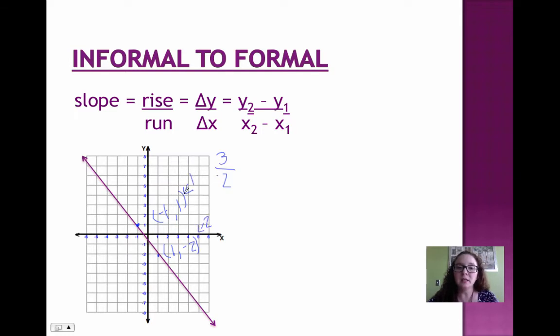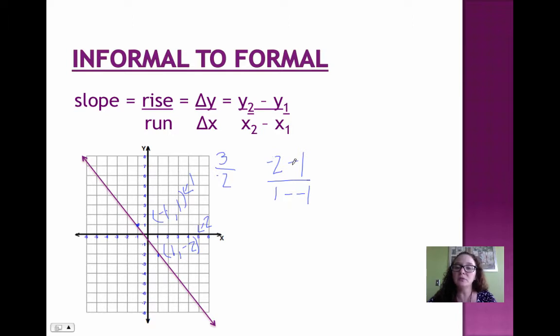So we can take the y term from the second one, which is a -2, subtract the y coordinate from the first one, and then I can take the x coordinate from the first one, and subtract the x coordinate from the second one.